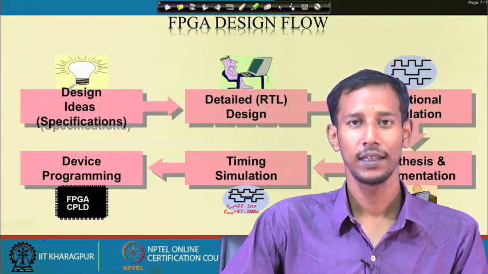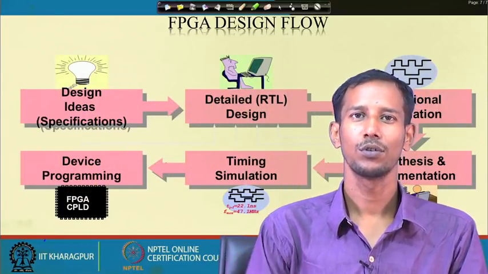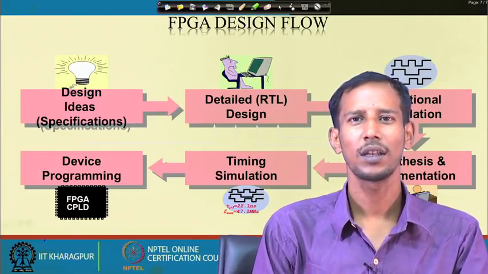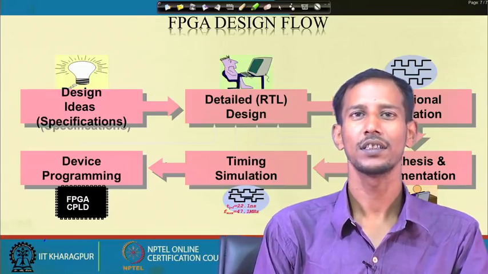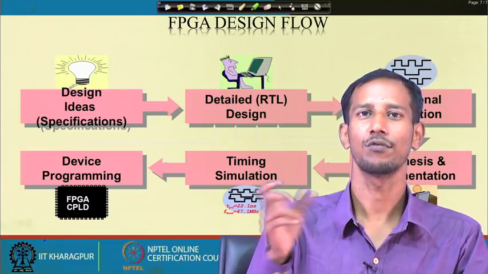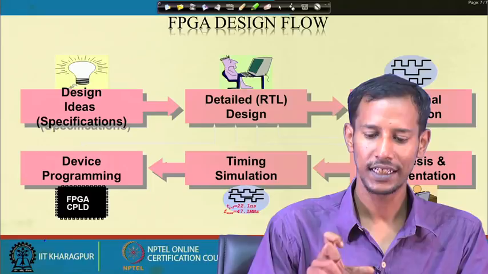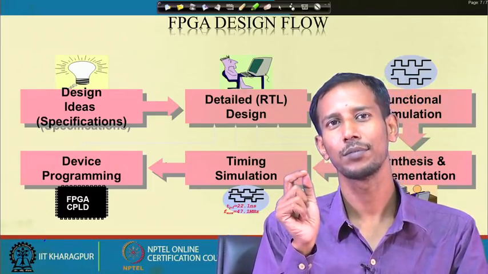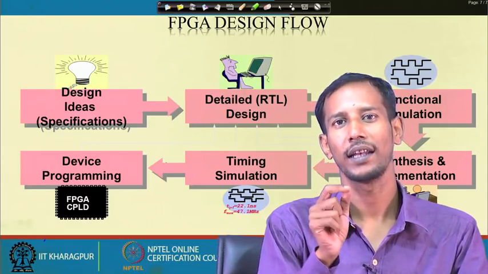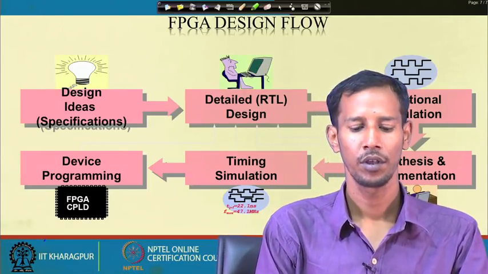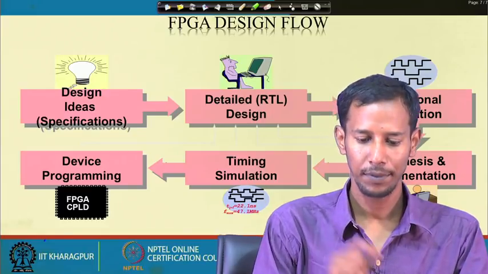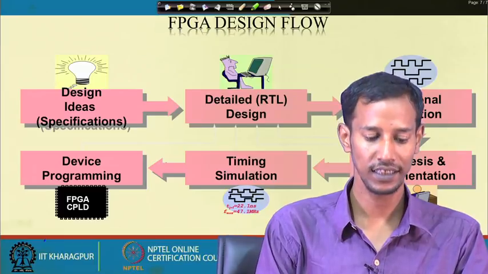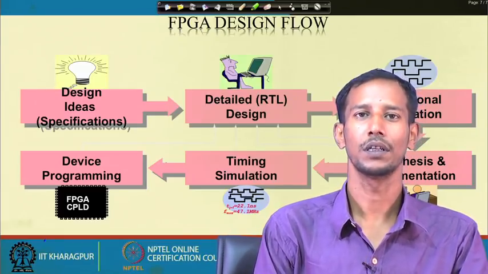Then we will follow the FPGA design flow, or not specifically FPGA, this is just the VLSI design flow. In VLSI design flow there is a little bit of difference between the FPGA design flow and the ASIC design flow. In FPGA design flow, it has to start with design ideas or the specification.